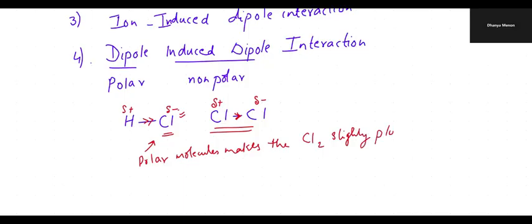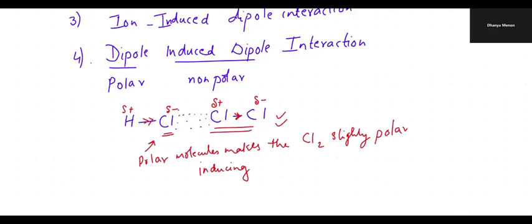So that means, isn't it inducing polarity just like we saw the previous one? Slightly polar. So inducing polarity. That means making non-polar molecule slightly polar. Okay. And now what would happen? There will be forces of attraction between the two chlorine. And this weak forces of attraction is called dipole-induced dipole interaction.